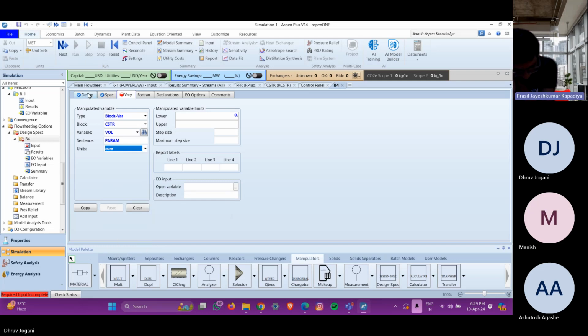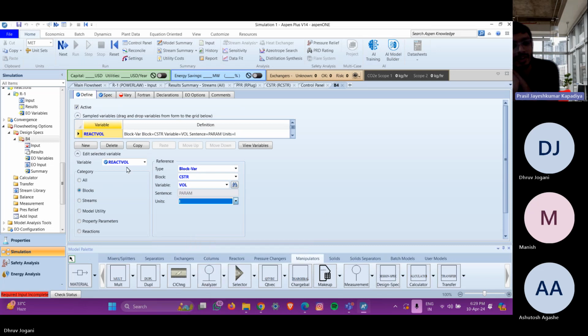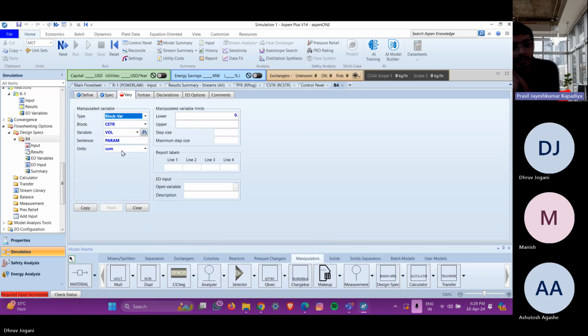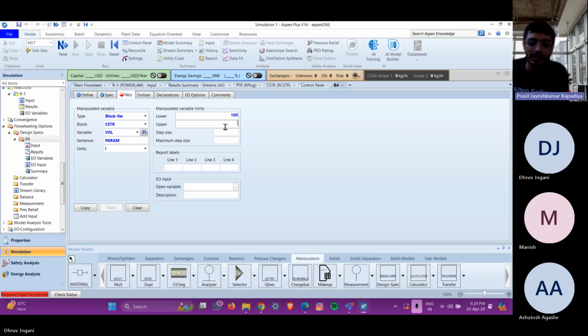It will be 150 liters. You can keep liter also, it's fine. It is 150 liter. So let's vary from 100 to 300 and see if we are getting it or not.